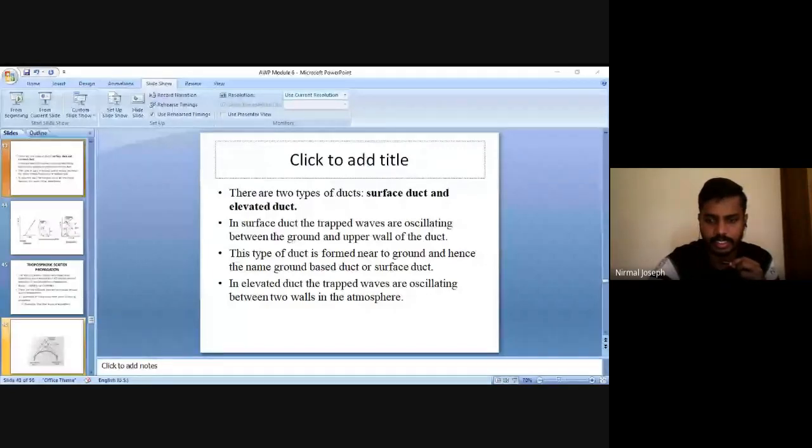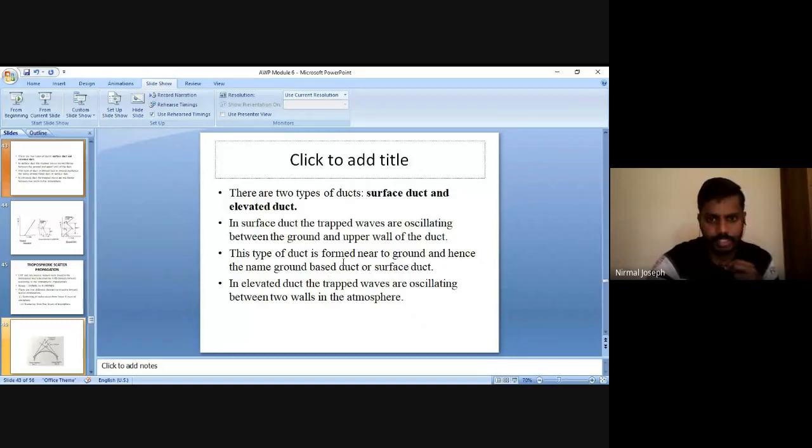What will be the elevated duct? In an elevated duct, these portions will be air only. The lower portion will have hotter air, in between will be the colder region, our duct, and above that again a hotter region will be there. So that is the elevated duct and surface duct.